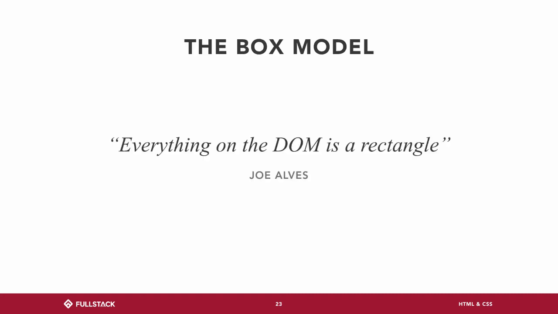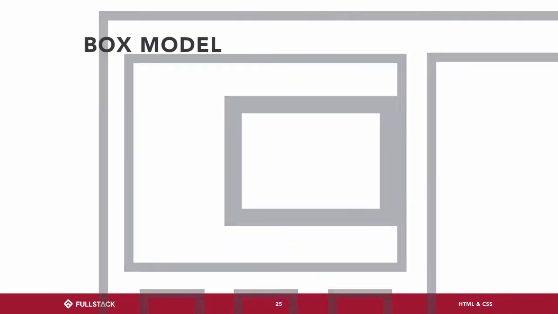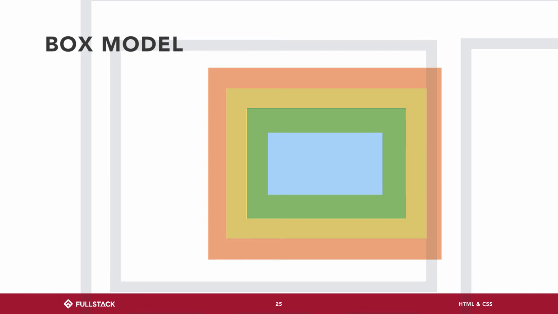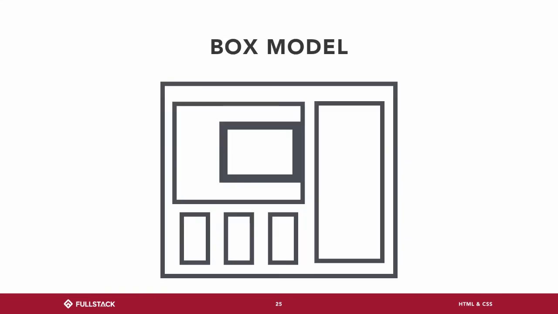So one of the things that we'll run into is that in CSS, really, this is a quote by one of the instructors, Joe, and it's important to think about, everything in the DOM really is a rectangle. And if you think about that, it helps when you're planning your layout. Even with a complex layout, everything's going to be a rectangle, but you might have a complicated structure with rectangles within other rectangles.